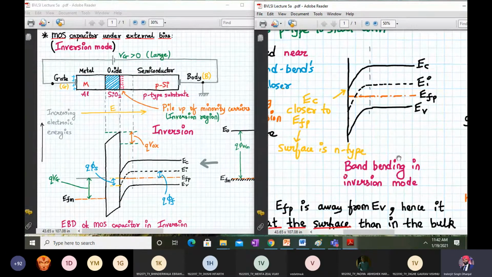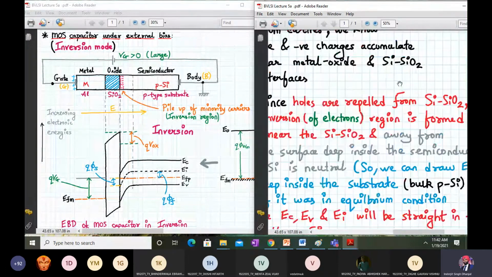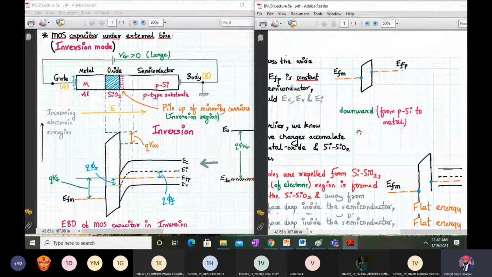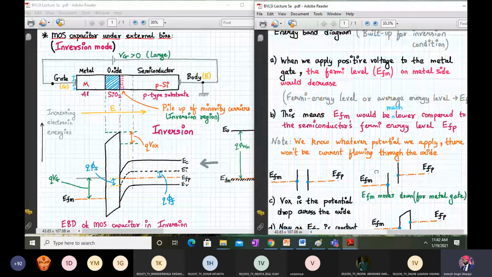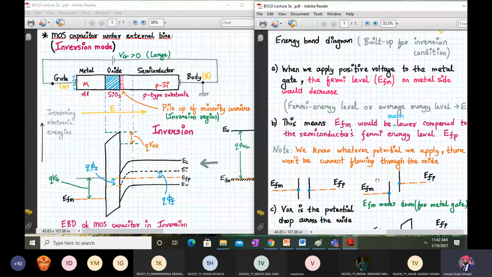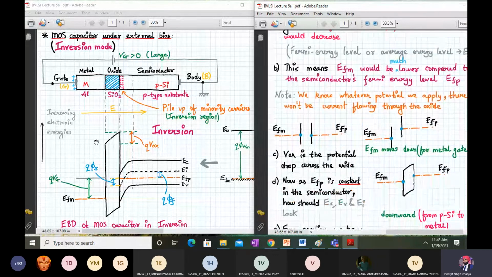Now let us go a little further and understand how we draw the energy band diagram from the start. Okay. So what we have over here is this. So at the beginning, for the energy band diagram for the inversion layer, see, this is the final diagram. Okay. On the left hand side, you see this is the final diagram, but we have to start from somewhere.